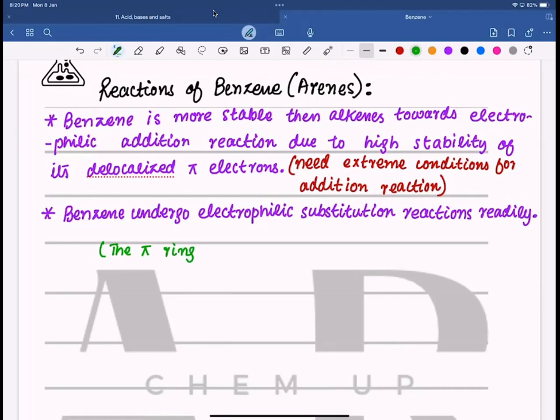The pi ring of benzene stays intact. The pi ring is the inner circle which we made in the structure. Because the electrons are continuously delocalizing and moving, that makes it more stable. So it stays intact in most of the reactions.